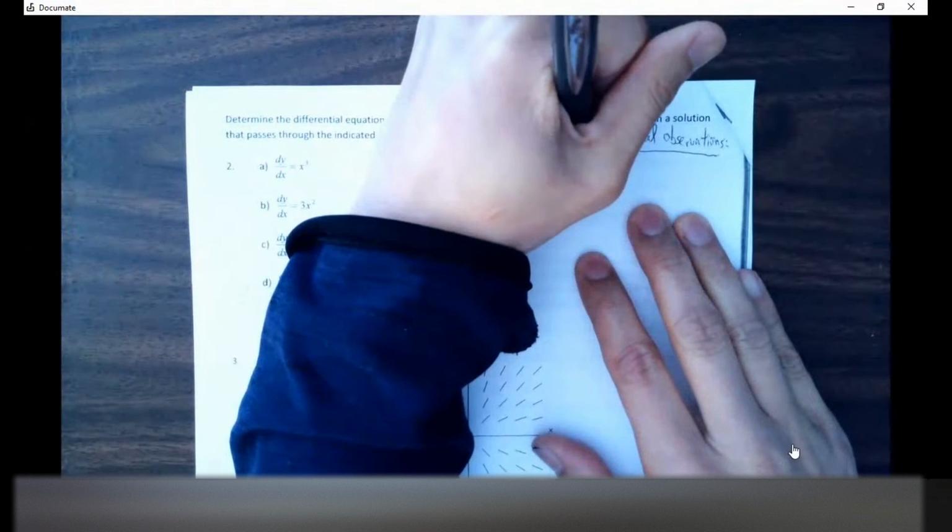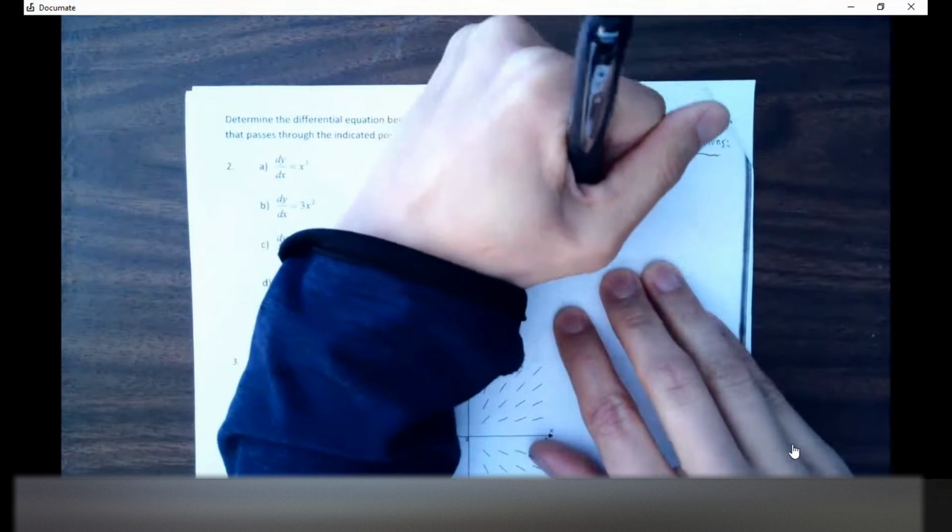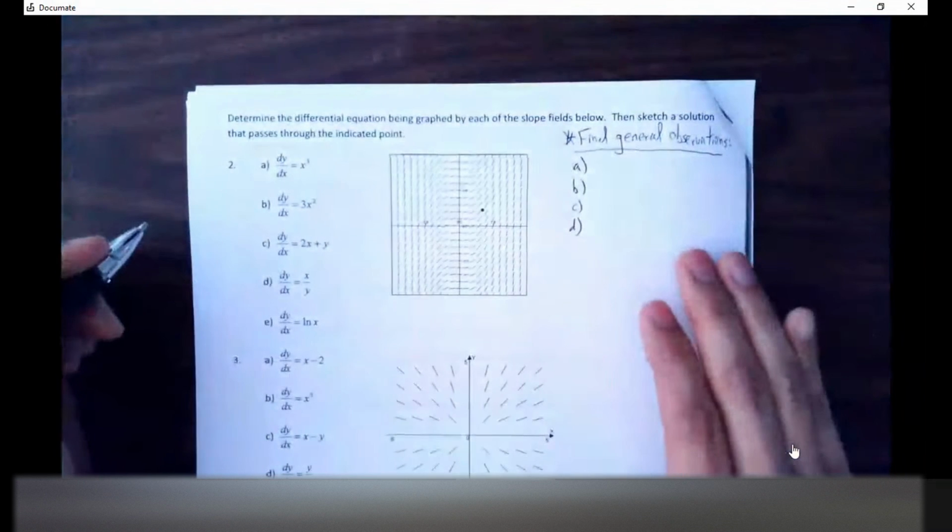And general observations are categorized under 4 things that I see. Okay, the 4 things that are easy to identify are where slope is 0, that's easy to identify, right? That's just going to be a horizontal line. Wherever there's a slope undefined, that's easy to spot because we're just going to be looking for empty spaces.